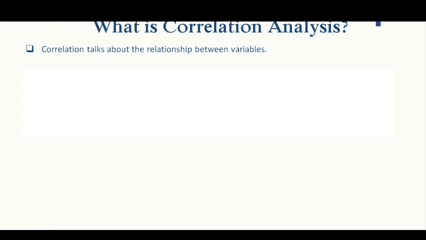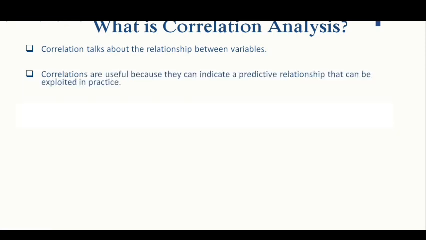We can say that the systolic blood pressure increases as age increases. This is a kind of qualitative statement, but how much and what is the degree? In order to answer that question, we have to quantify the correlation between the two variables under consideration. That is what we try to measure in the correlation analysis.